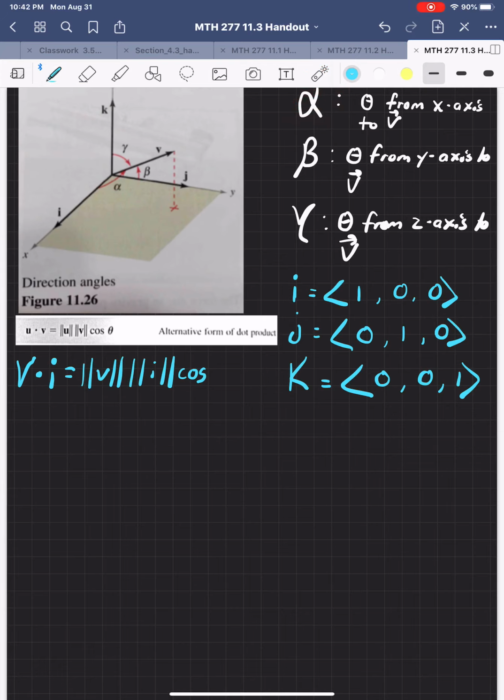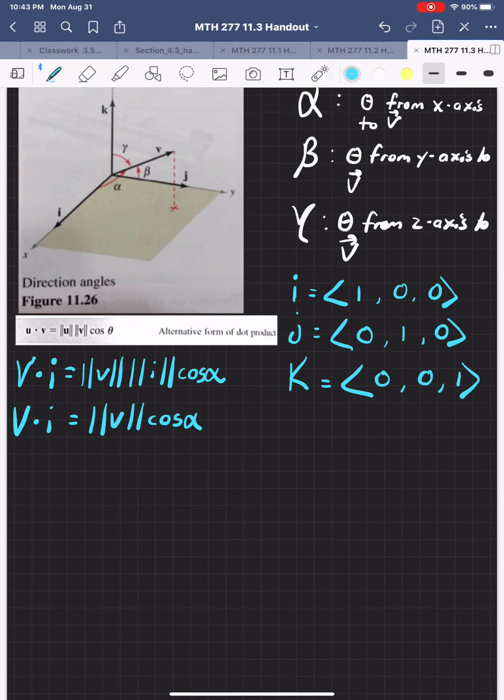So cosine of alpha. All right, well, we can get to this fairly simply. What is, for example, the magnitude of i? Well, we know that's 1. So we end up with v dot i is equal to the magnitude of v cosine of alpha.